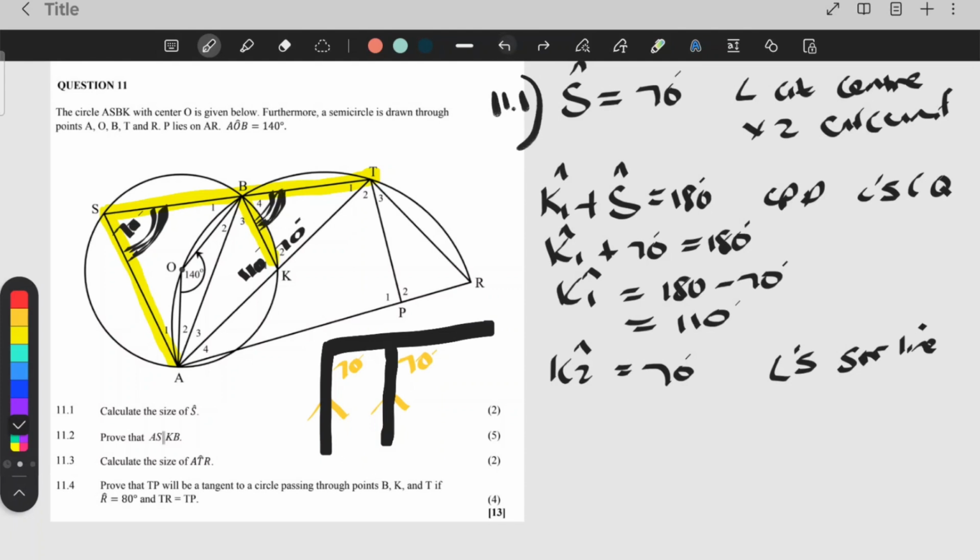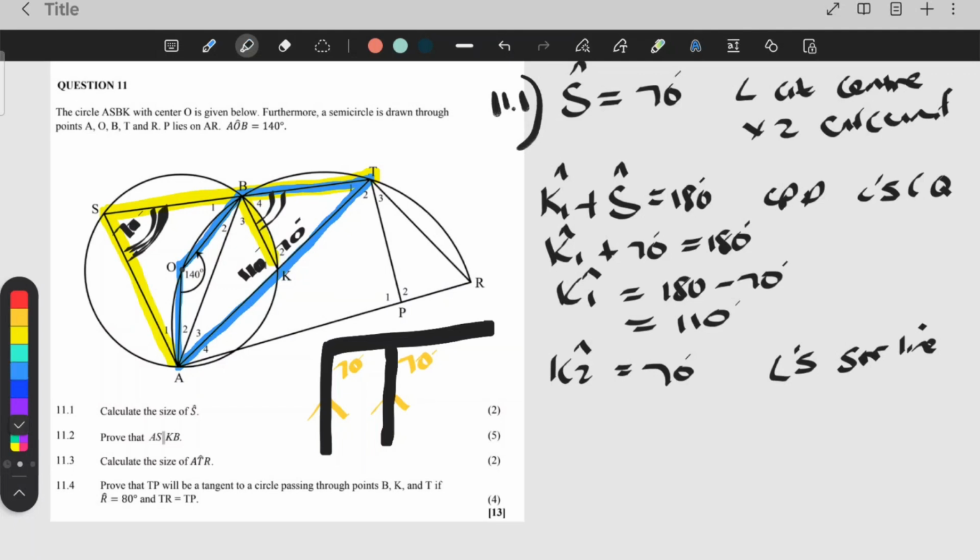So to get B4, I see a little triangle over here. So can't I work out T1? So that angle over there. Is there a way to work out T1? Okay, I'm going to show you another cyclic quad. From there to there, circumference, circumference, back to this. Do you see? That is a cyclic quad.